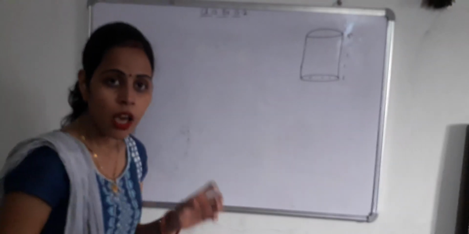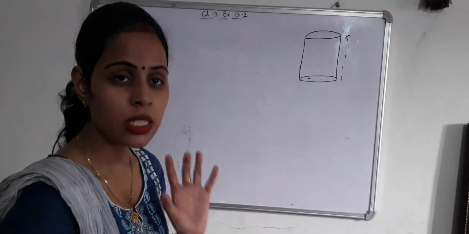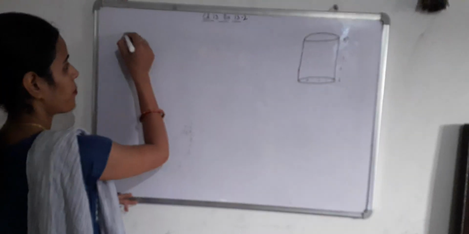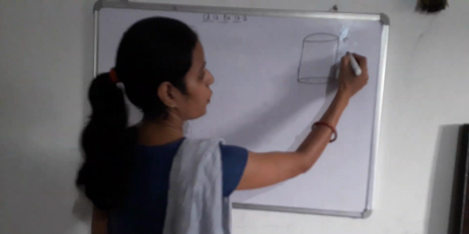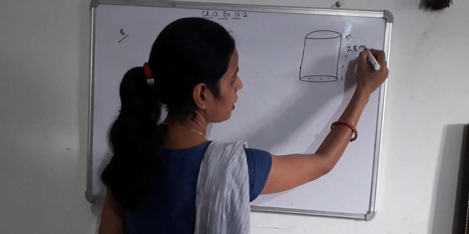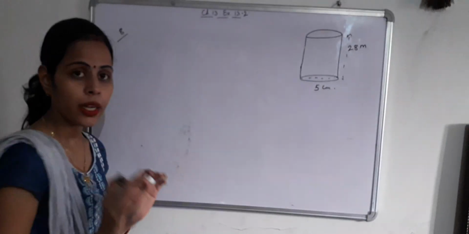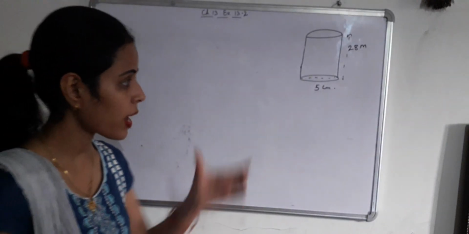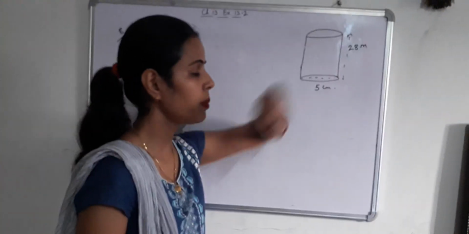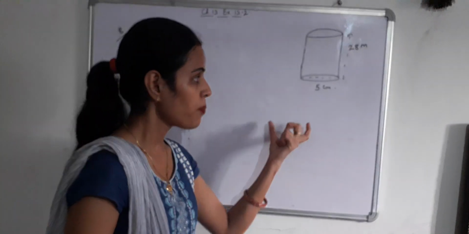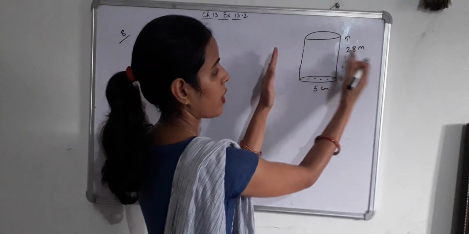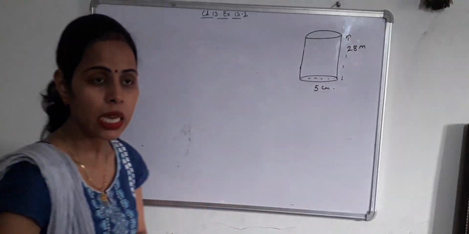Means area of that part which give radiations, not total surface area. Diameter of cylindrical pipe is 5 centimeter. It is 28 meter long. Find the area of that part which give radiations, means find its covered surface area.